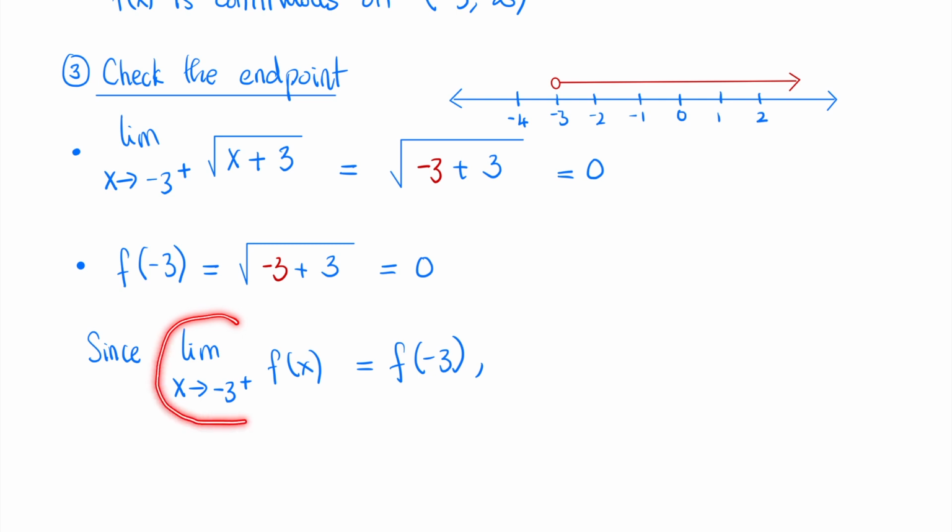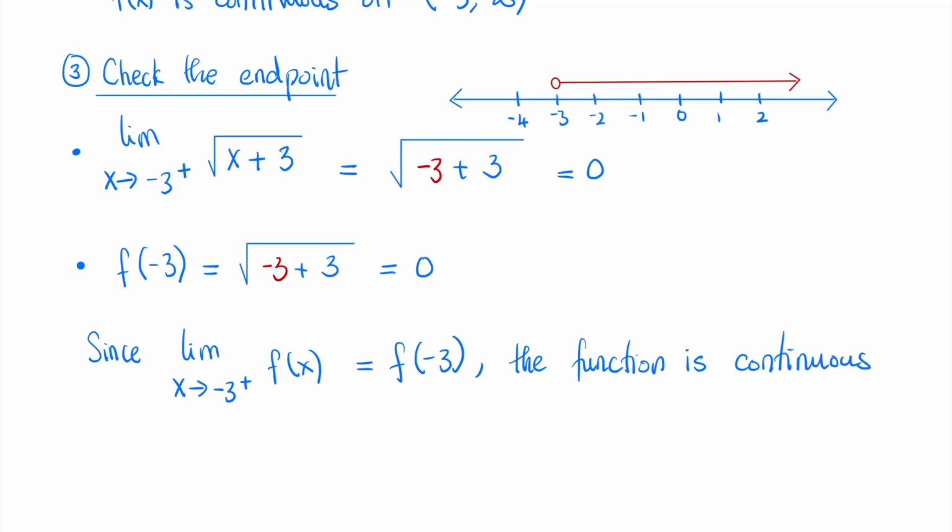Since the right-hand limit of the function equals the function value at x equals negative 3, the function is continuous from the right at x equals negative 3. Therefore, we include negative 3 in the interval of continuity.